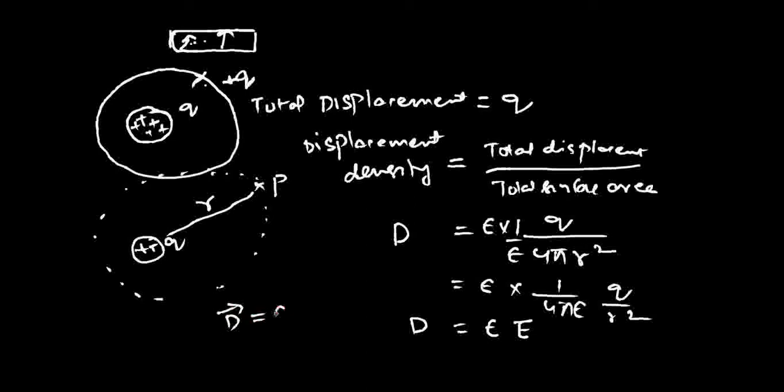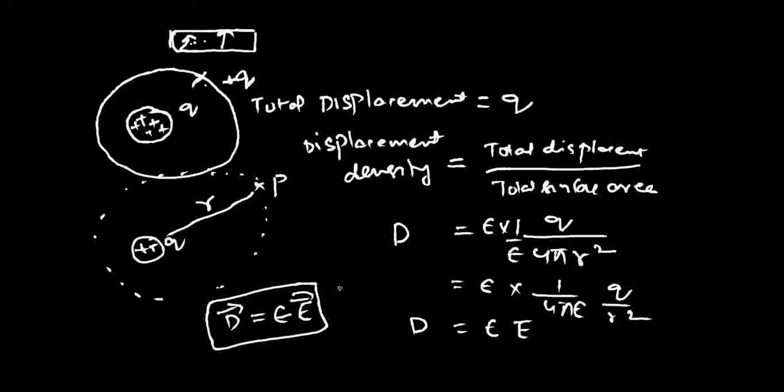So without loss of generality, we can relate D and E as D bar is equal to epsilon into E bar. This is one of the simple ways of deriving the relation between D and E, as D is equal to epsilon E. There are several ways of giving the relation between D and E, using the cylindrical coordinate system or spherical coordinate system.